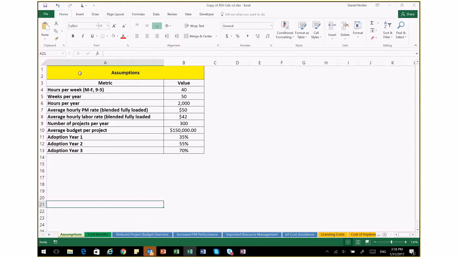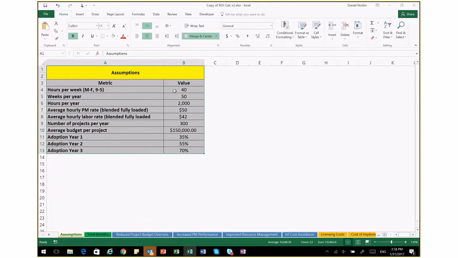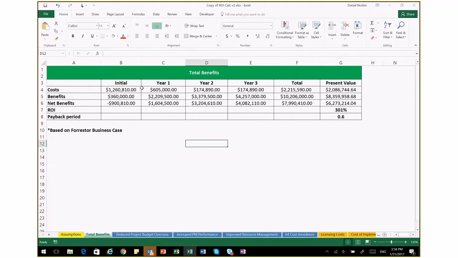Here are the assumptions where you enter your own numbers, and it changes numbers in all these different tabs. For example, we're taking a look at the total benefits, which is the screen we were just looking at. When you put in your own numbers, you can change the ROI, and you can see all these formulas are baked in.